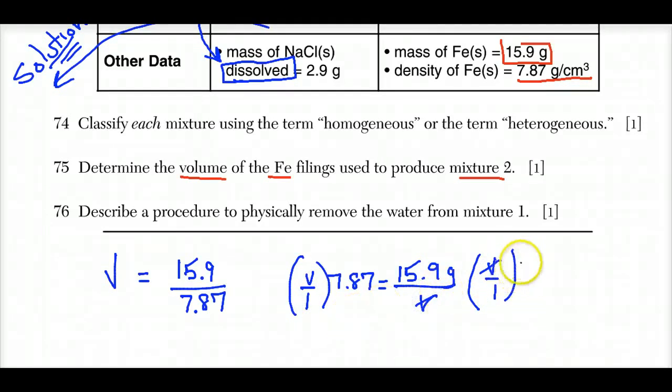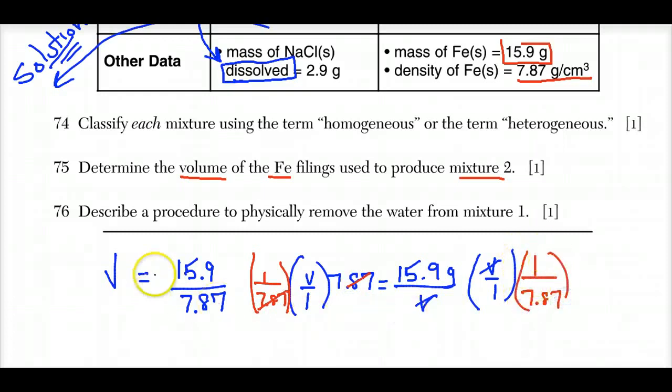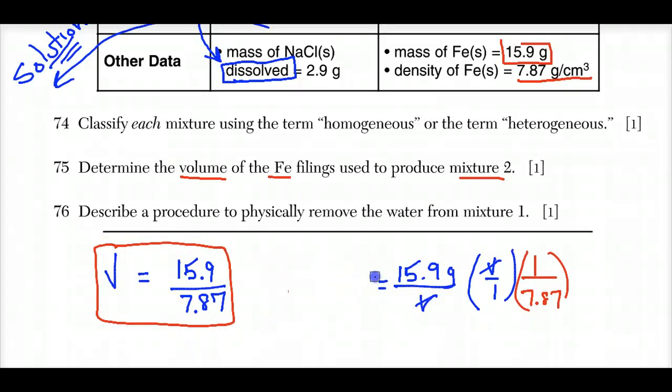And I multiplied the other side by 1 over 7.87, and that's essentially what I get here, a little algebra.